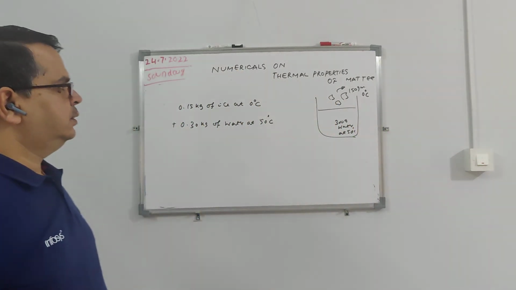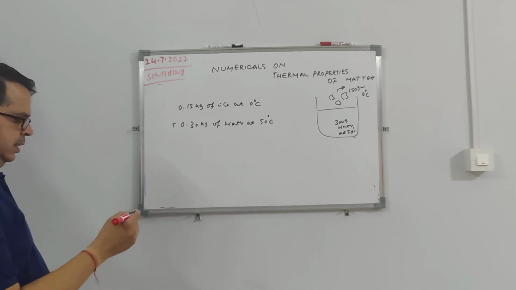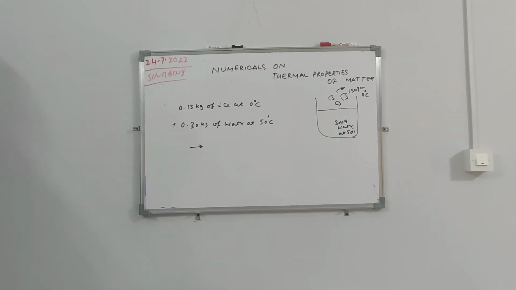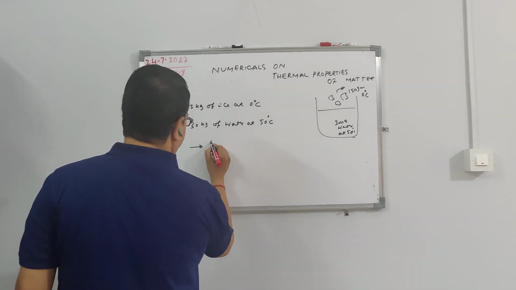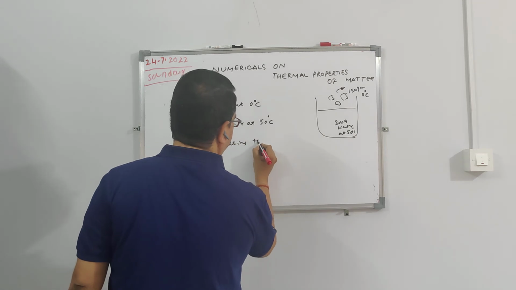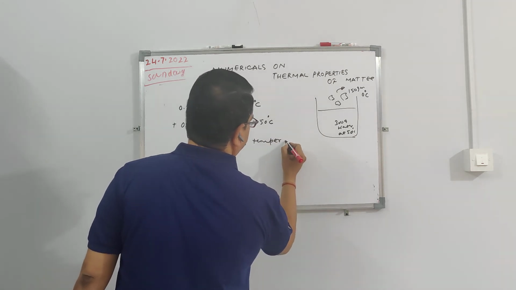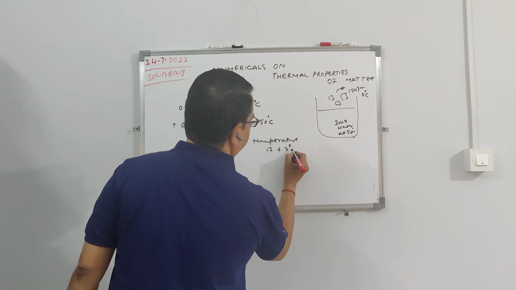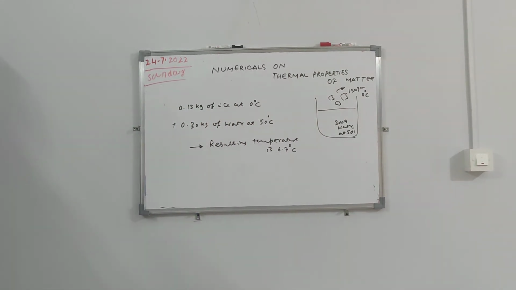After you mix it, the resulting temperature is 6.7 degree centigrade. They are asking to calculate the latent heat of fusion of ice.